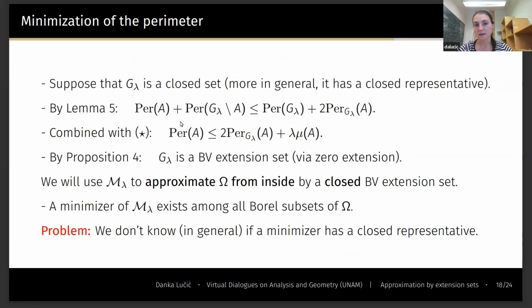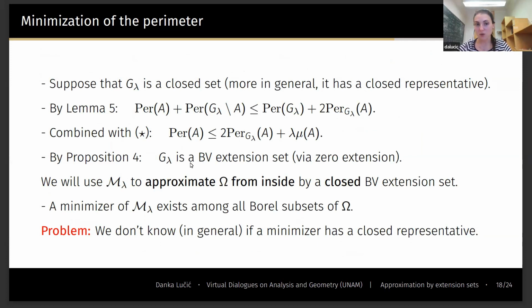But this, taking as the set A tilde in the definition of your extension property for the sets of finite perimeter, so basically extending by 0 the characteristic function outside of A, you are getting precisely the extension property for the sets of finite perimeter.